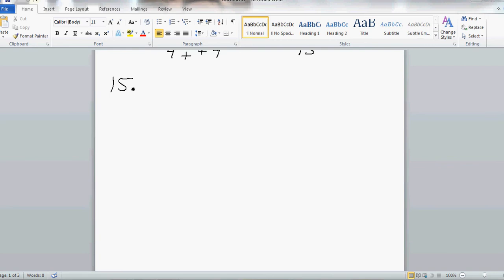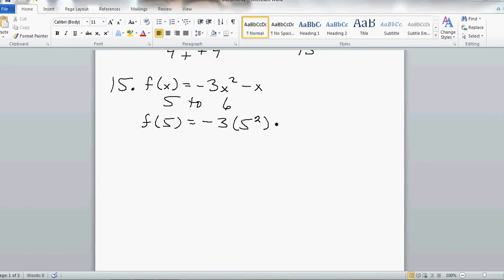Okay, example number 15 is exactly the same, just different problems. So we get f of x equals -3x squared minus x, and we're going from 5 to 6. So the first thing we need to do is find what is f of 5. Well, that's -3 times 5 squared minus 5, which will equal -80 when it's all said and done. f of 6 is -3 times 6 squared minus 6, and that equals -114.